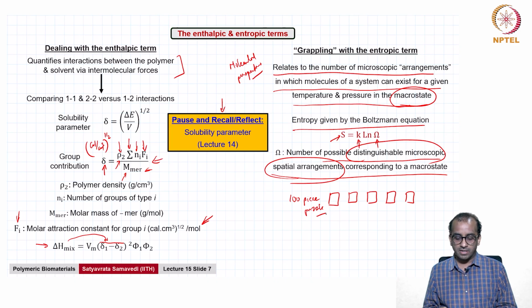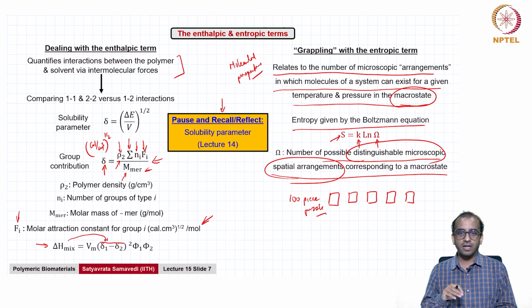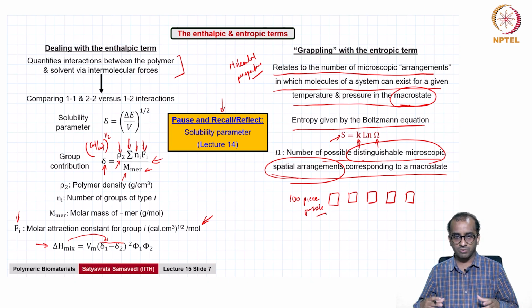Now, the question we ask is, in what possible ways can we arrange the pieces of the puzzle, and what is the probability that one of those arrangements will lead to the final Mona Lisa face? You notice that there is exactly only one way in which I can fit all those 100 pieces together to get the final and the only correct result of the Mona Lisa's face.